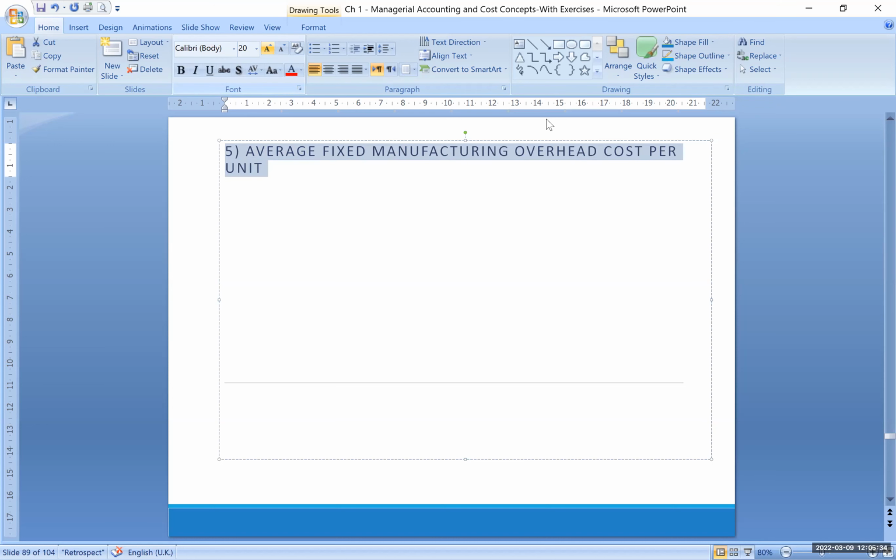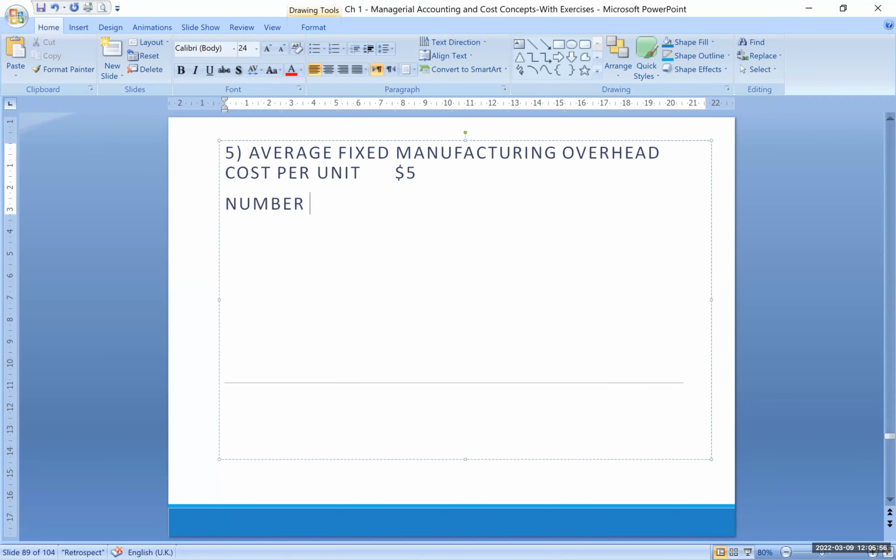Will be $5, right? Number of units produced.